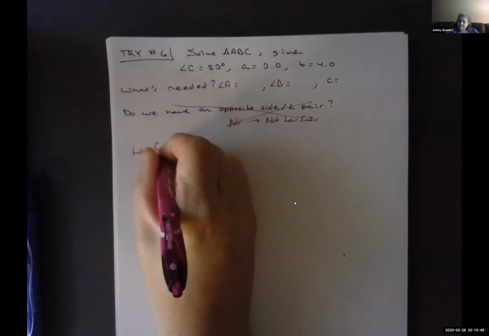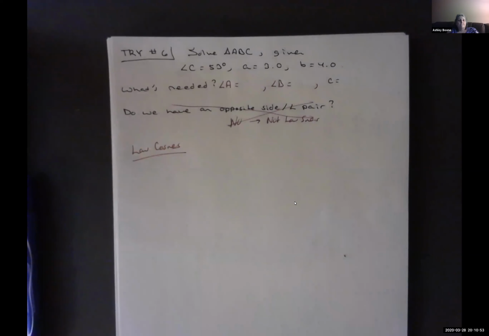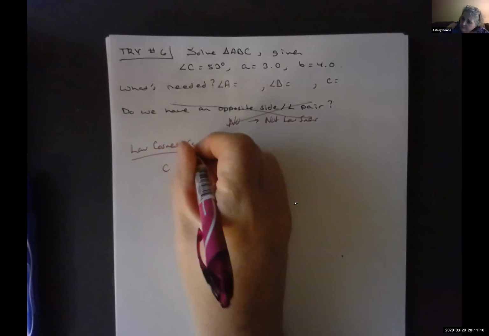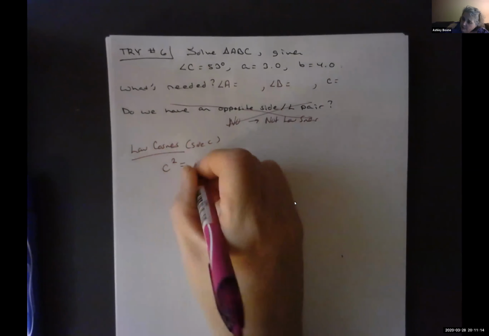And we'll go ahead and look at the law of cosines. One thing that would be quick to do for this one is I know I have angle C and I don't know side C. So I could find side C by going C squared equals A squared plus B squared.